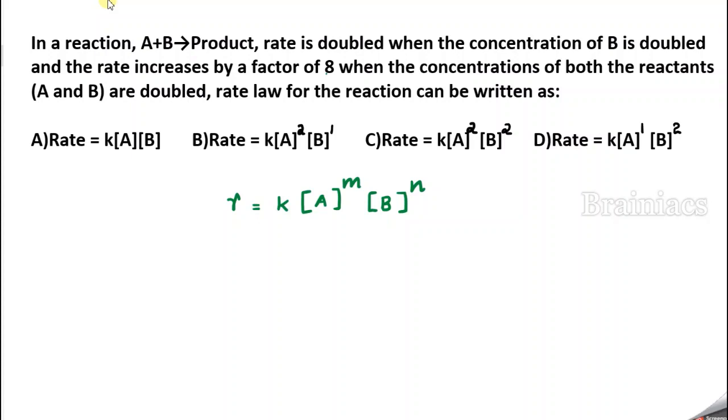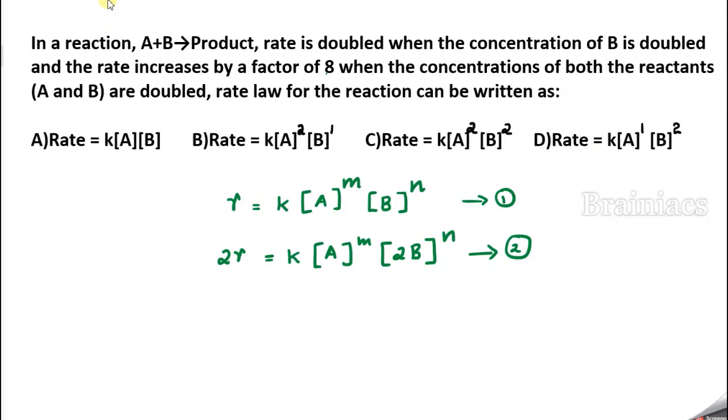It was told that the rate is doubled when the concentration of B is doubled, the initial case. So the rate is doubled means 2 times R. A is the same and the concentration of B becomes 2B, correct? 2B raised to N. This is equation 1 and this is equation 2.